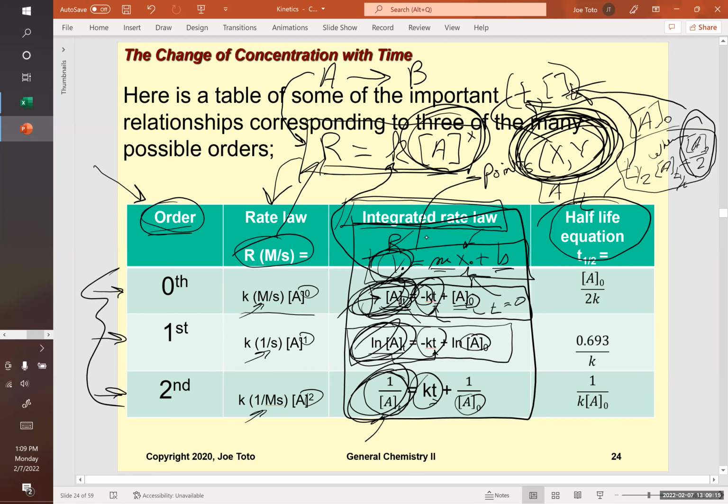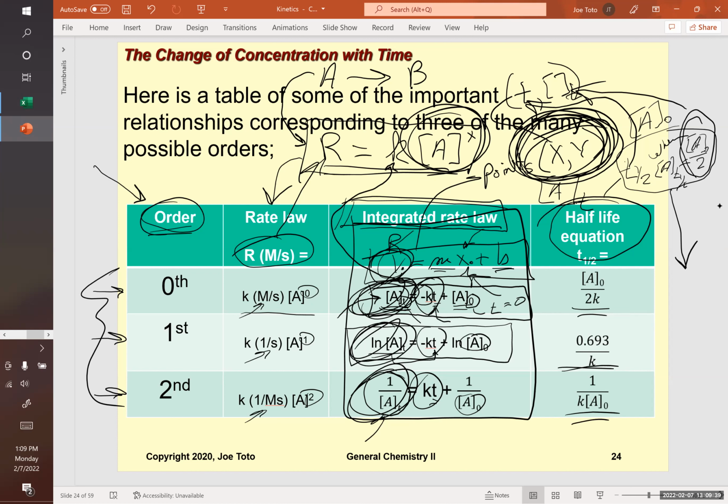All right. So all we need to do is take these integrated rate laws and plug that point into the integrated rate law, and then solve for T 1/2. And each time you do that, you get a different equation for the half-life.